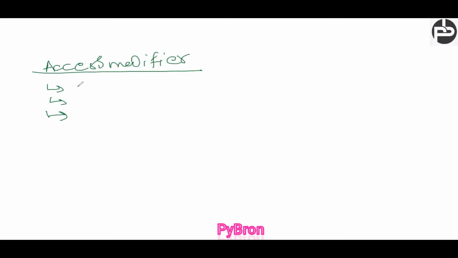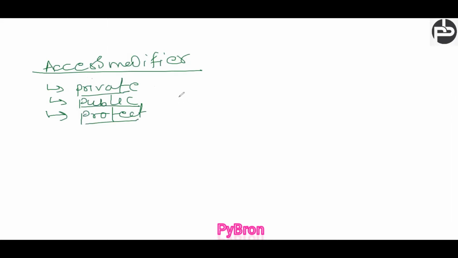There are three kinds of access modifiers in Python: private, public, and protected. In Java and other languages, these are keywords. But in Python, there is no such keyword as private, public, or protected.